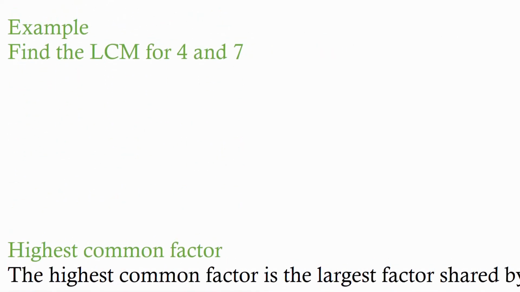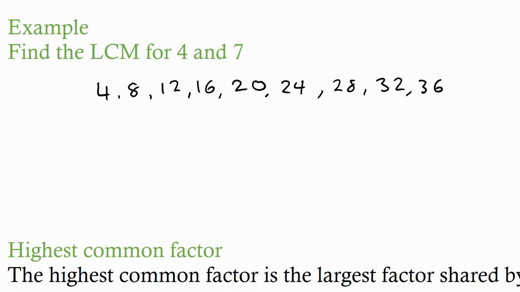Find the LCM for 4 and 7. I'm going to list out a lot of the multiples of 4 and of 7. For 4: 4, 8, 12, 16, 20, 24, 28, 32, 36, 40.